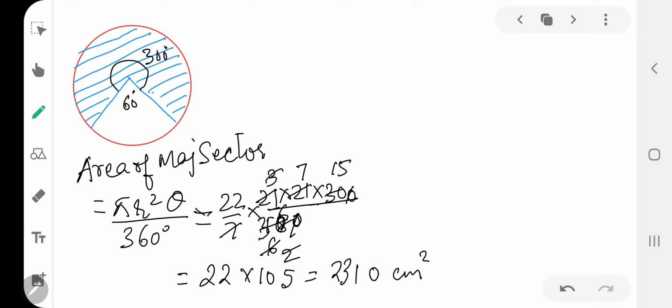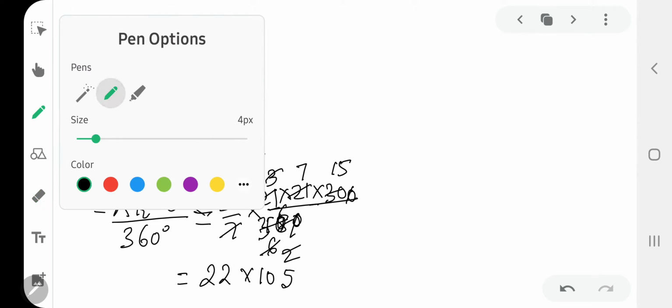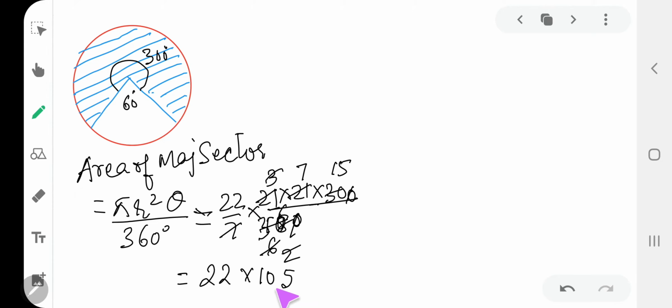When you calculate and cancel, we get the area as 1100 centimeter square.